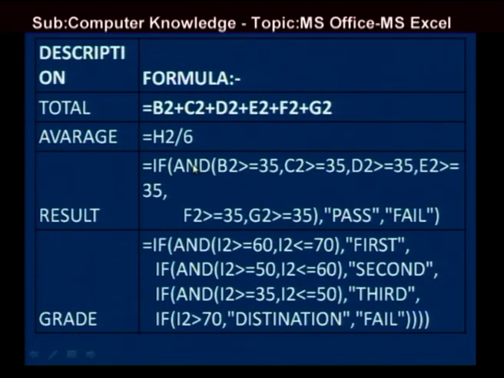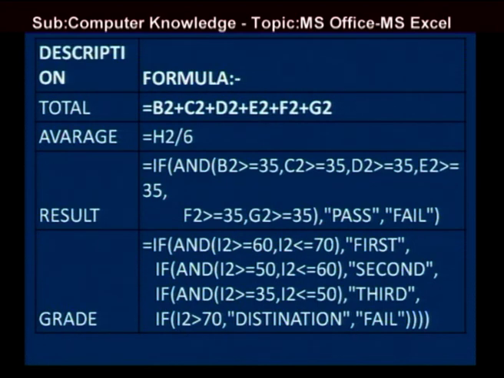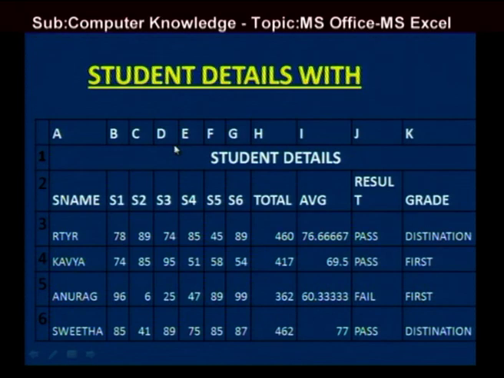The total of the student subjects starts with B2 and ends with G2. Using the shortcut key it is very simple, but at the basic level you have to do it in the practical way: B2 plus C2 plus D2 plus E2 plus F2 plus G2. This is the shortcut key. Next, average. Average is nothing but total by number of items.